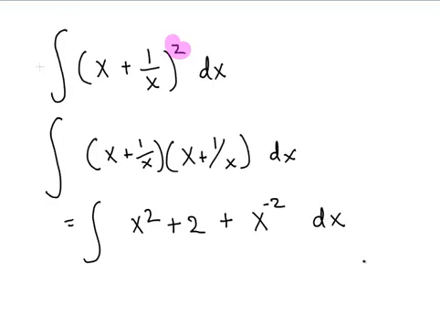And in that case, you can just chop them up into little bits, which is x cubed over 3 plus 2x plus 1 over x, plus c.